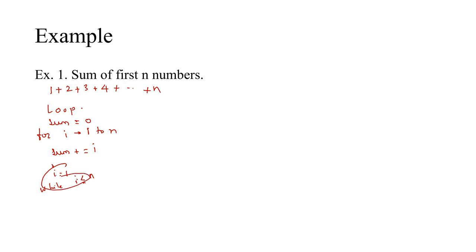Let's go further. Another method: I can just use a function. I'll define a function called sum, and inside it I'll give n, since these many numbers I have to sum.